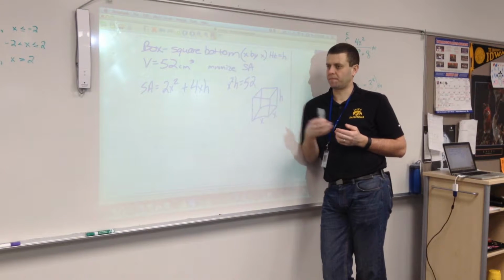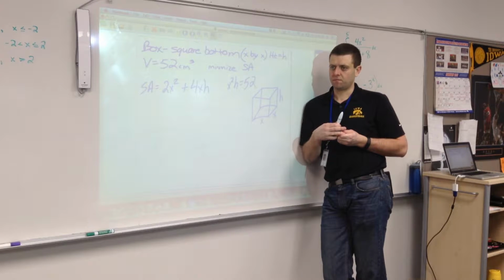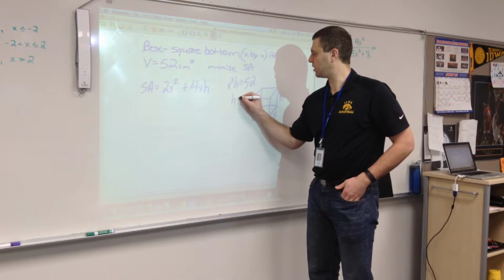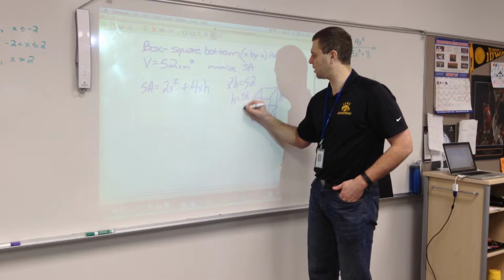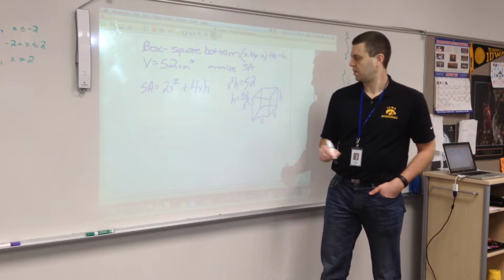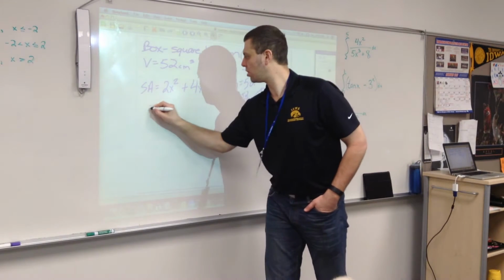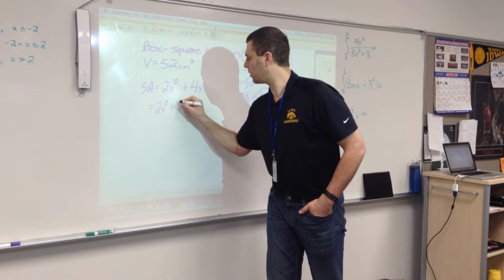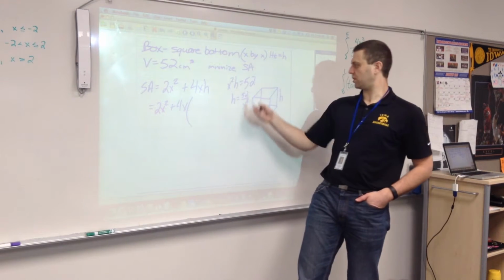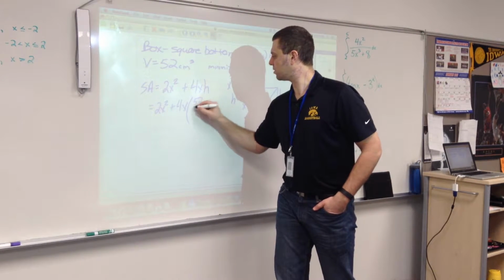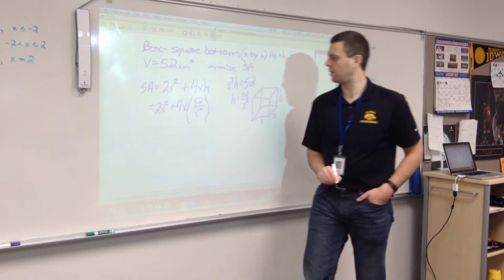Okay, what are we going to do? Divide by x squared, because we want to get h by itself. So h equals 52 over x squared. What are we going to do with that? Plug it in for the h. So 2x squared plus 4x, and in place of h, I'm going to do 52 over x squared.